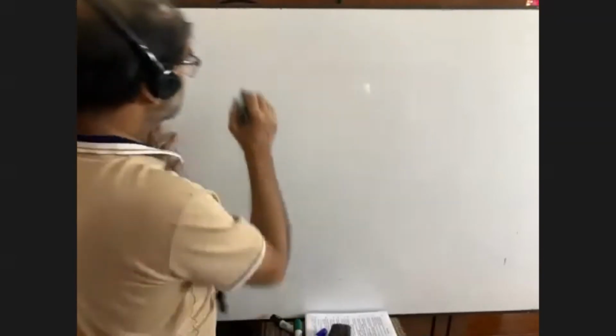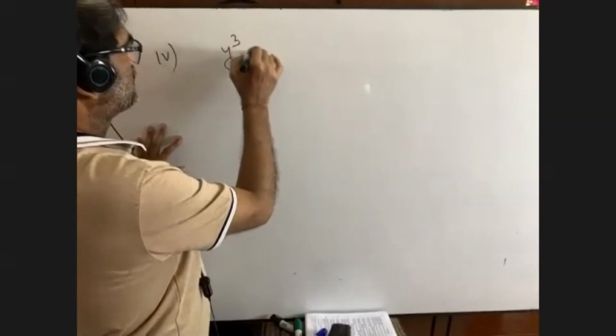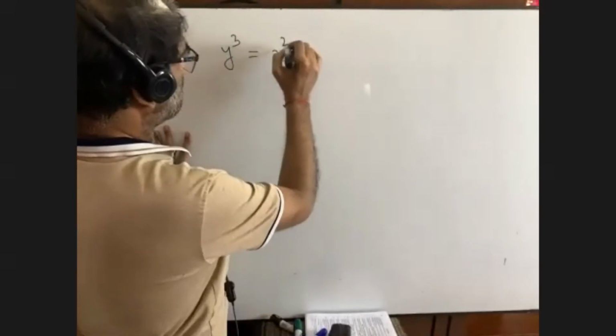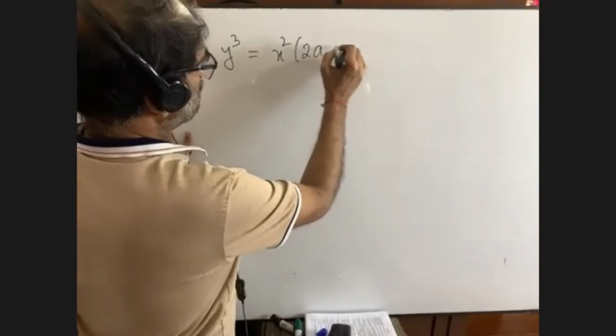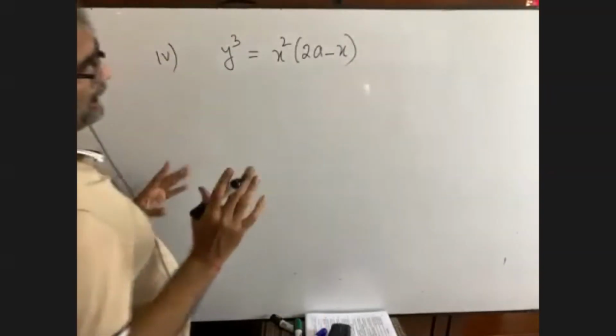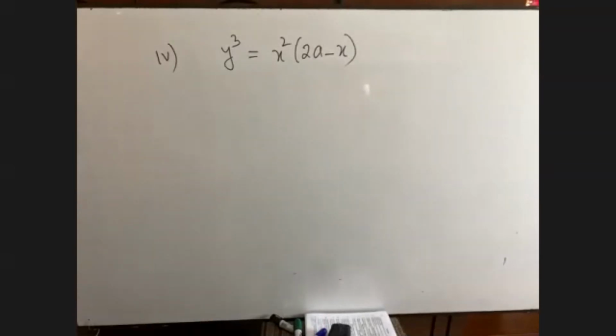y cube is equal to x square into 2a minus x. What I told you? I told you again and again to find dy by dx.